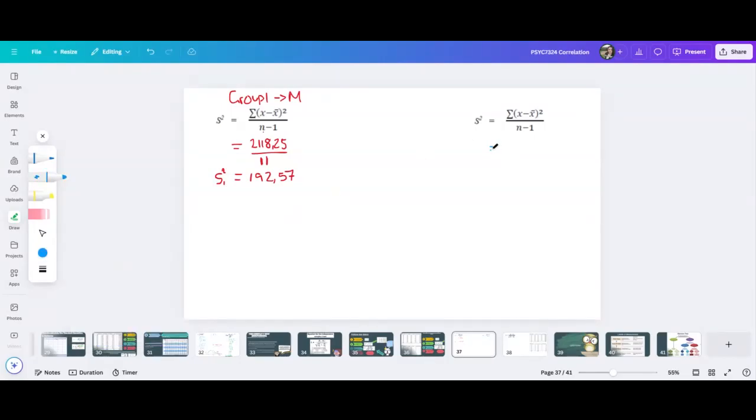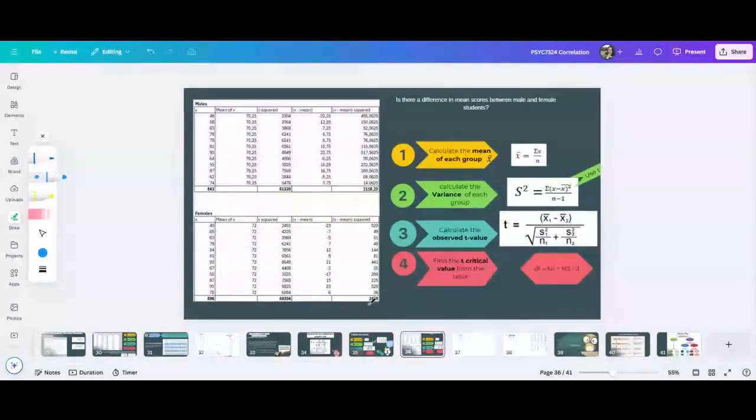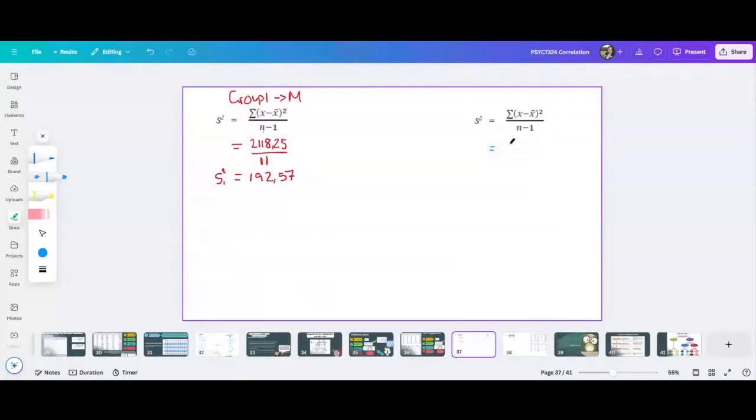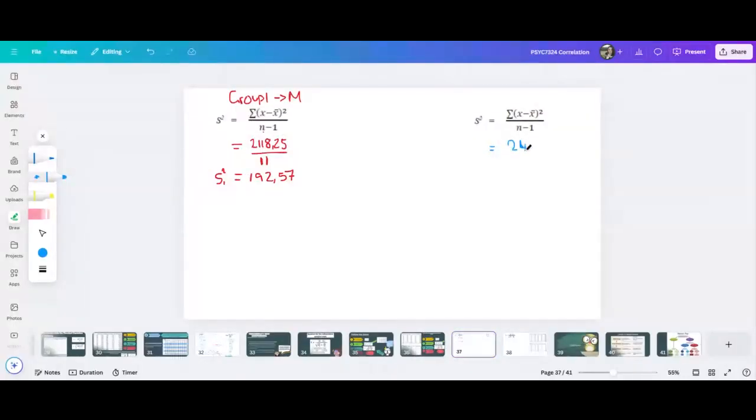Okay, let me change colors for group 2. Now I just need to consult that table for what it was. All right, so we worked the sum, the value was 2478. Okay, and n was the same, so over 11. Anyone like to do the honors for me? 2478 divided by 11?